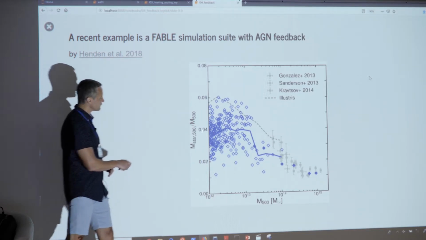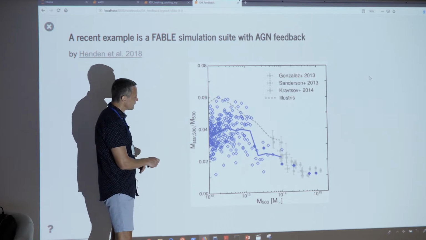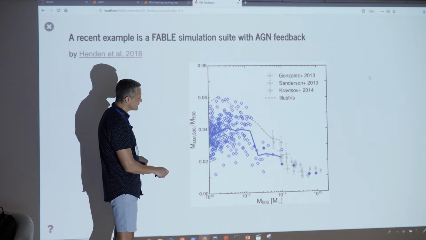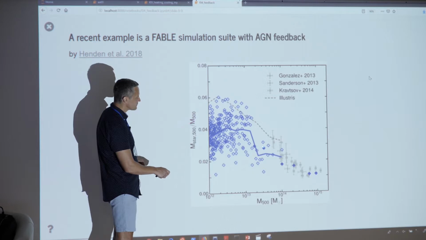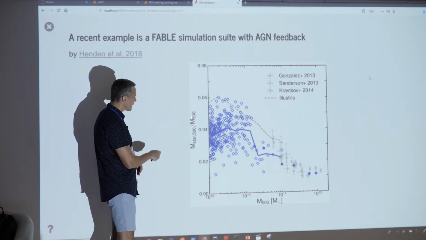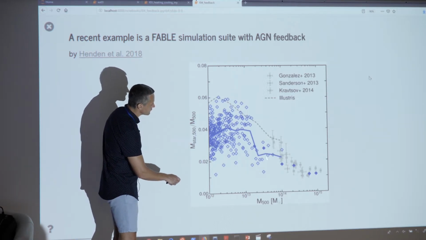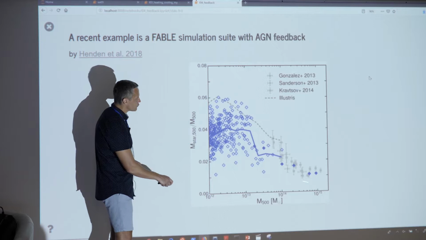But the main point is that their simulation results are shown by points, and also this is their mean. The central galaxies in the cluster that they were simulating are shown by these filled diamonds. They have fractions of stellar mass to the total mass that are consistent with observational measurements in this mass scale, right, the gray points.